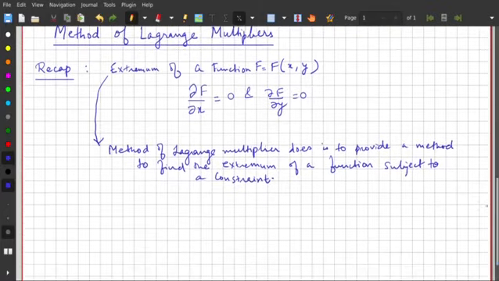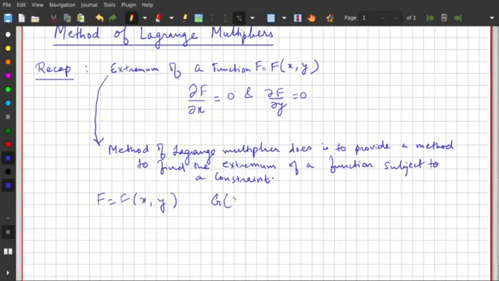So now the general problem is, let's say we want to find the extremum of this function f of x y subject to the constraint that the function g of x comma y equals constant. So we want to find the extremum of this function, but there is a constraint equation between x and y.